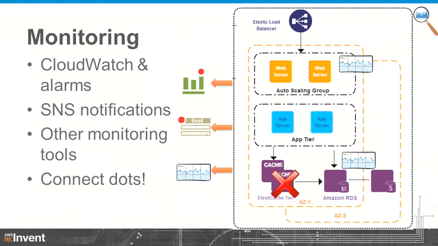Say one of your cache nodes fails. It's very likely that you're going to see some downstream impact in your database latency increasing. And you probably will have some upstream impact in terms of your HTTP requests queuing up. So being able to connect these dots and figure out what's going on from a holistic perspective across your applications is extremely important.